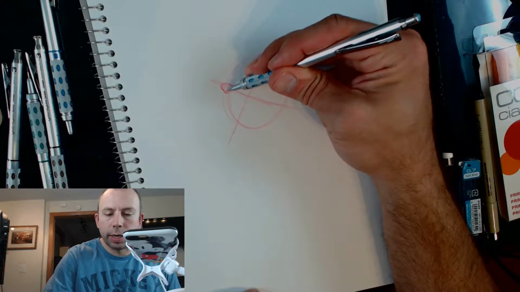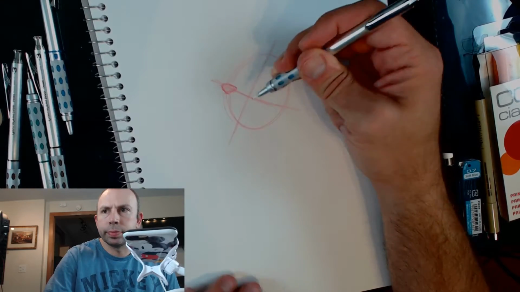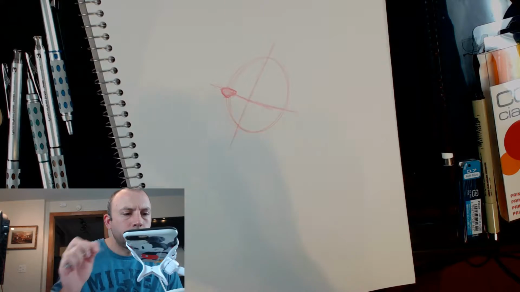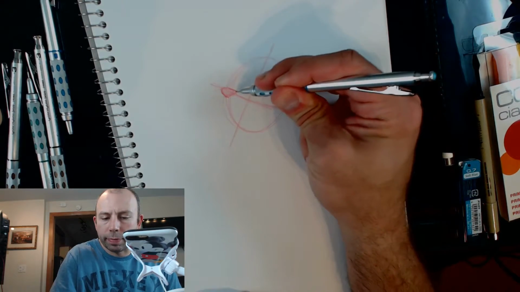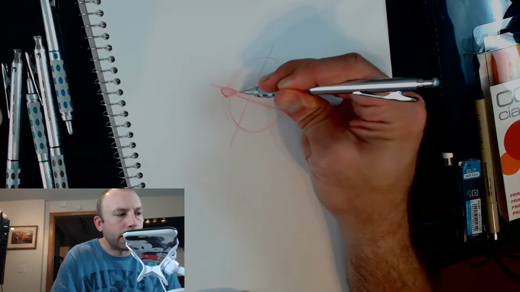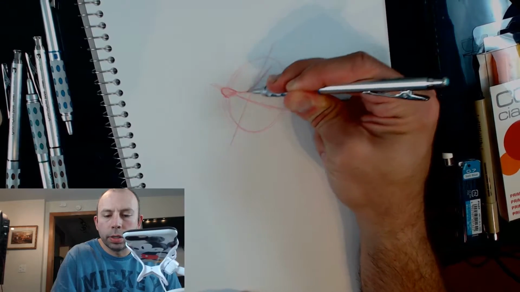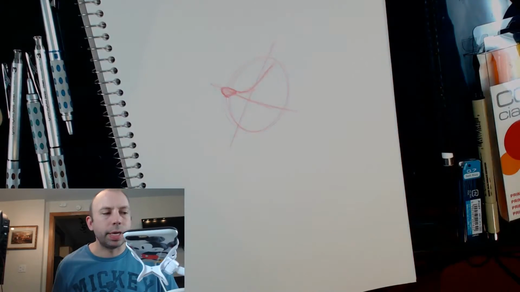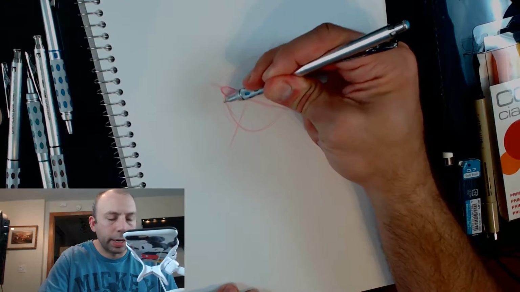And you can fill that in if you want with the color you're using. Okay. Next, you're going to have a line coming off the top and going up and kind of diagonal. Okay. Line like that. Down here, you have a line that kind of comes up.